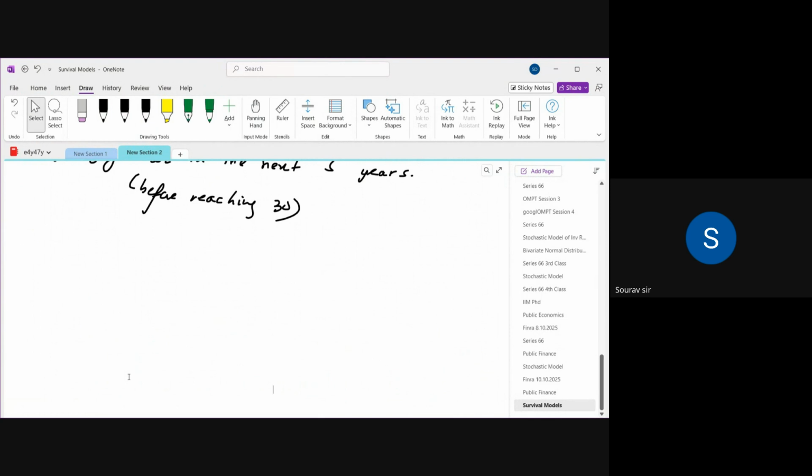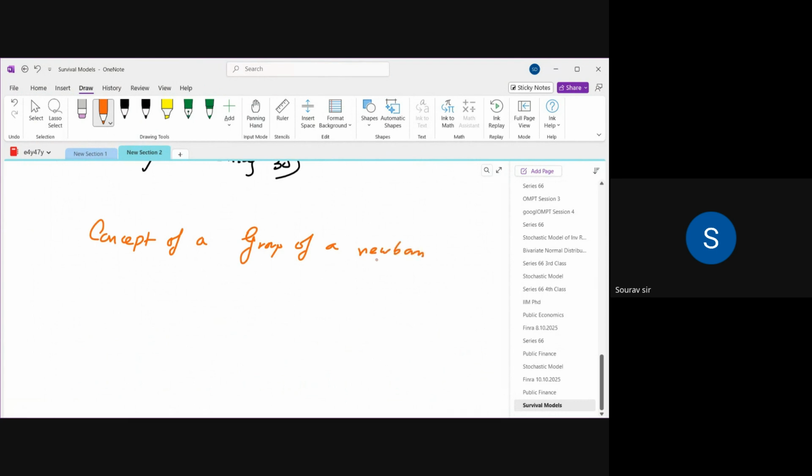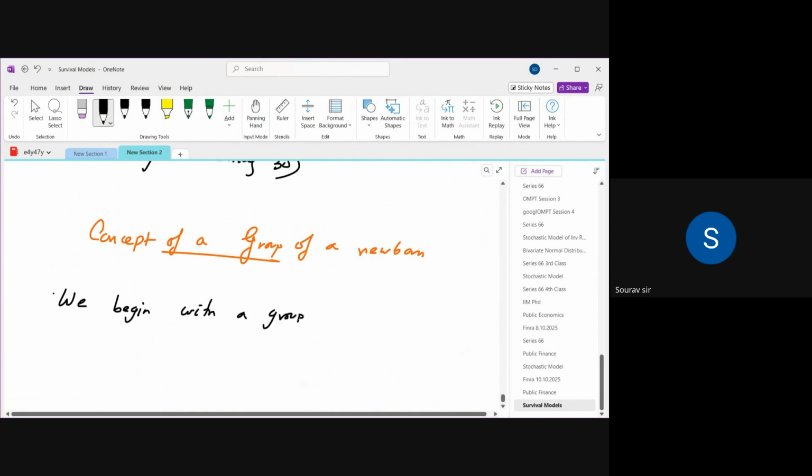Okay, next, life table. Now I guess you are well versed with the topic. So what is the concept of a group of newborns? Here we begin, say, with a group of newborns.